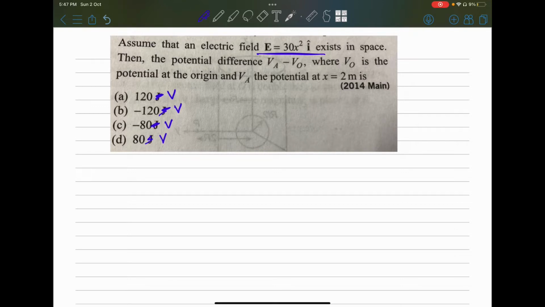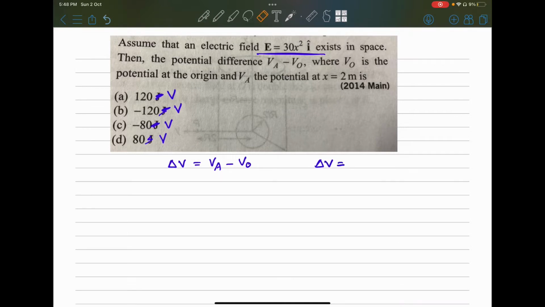Okay, so first of all, to find the delta V or Va minus V naught in this case, we need a relation between electric field and electrostatic potential, and we know what that relation is.